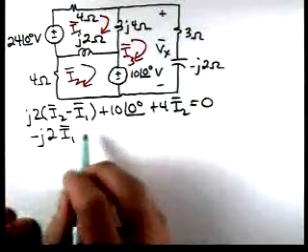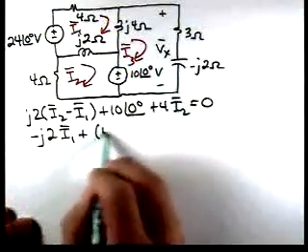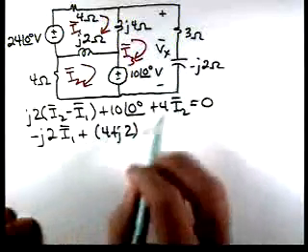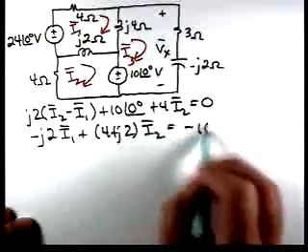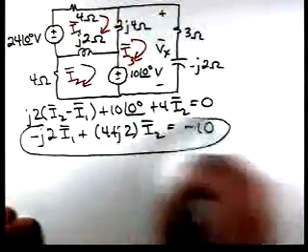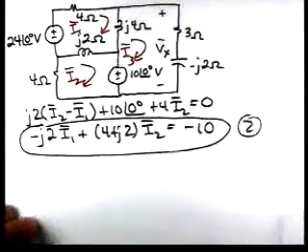So this becomes minus j2 I1 plus (4 plus j2) I2 is equal to minus 10. So there's our second equation.